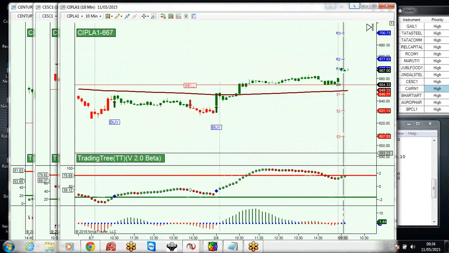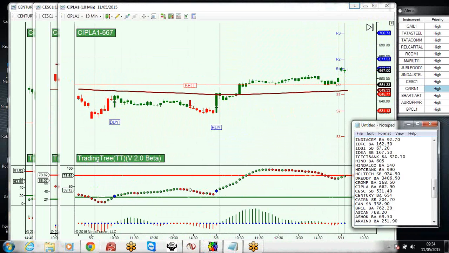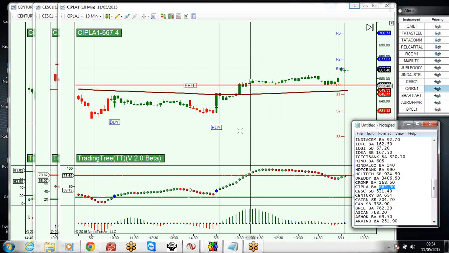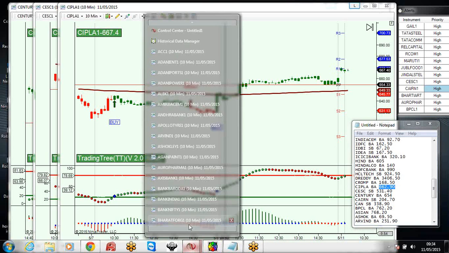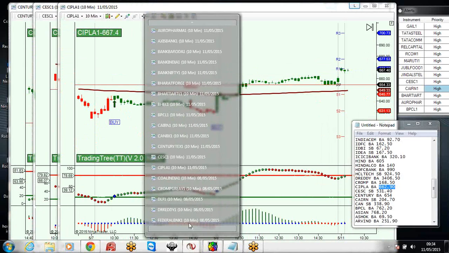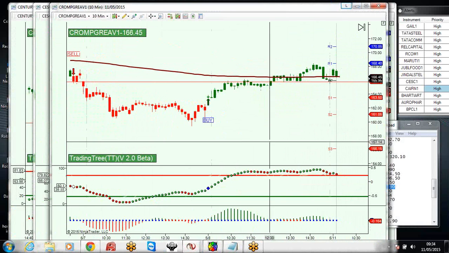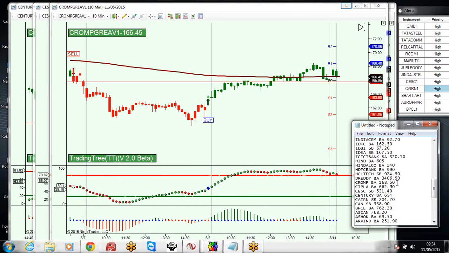Cipla is a gap up open. We had a buy for Cipla at 662. We can still go and buy above 670.40. So Crompton Graves, there is a buy above 168.50.